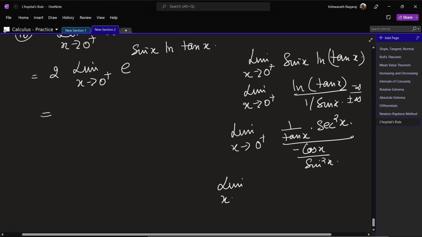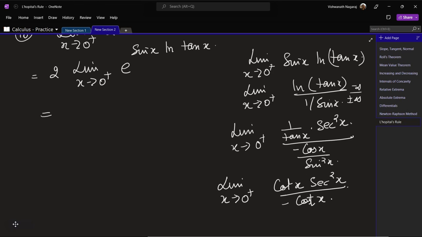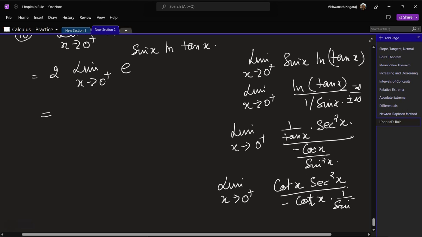Limit as x approaches 0 from the positive side of 1 by tan x is cot x sec square x minus cos x by sin square x, which is cot x times 1 by sine, because this is square. So 1 by sine square x. Okay.